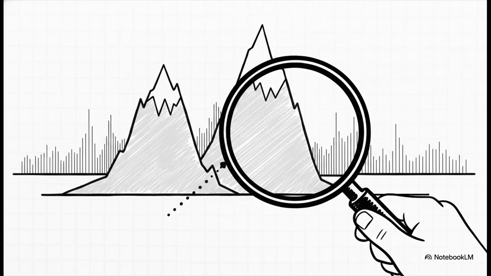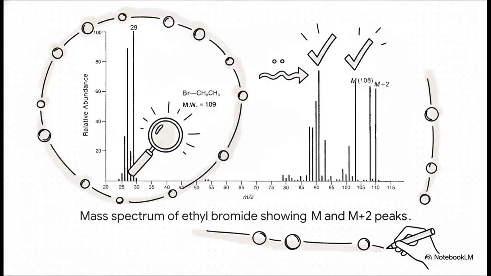Let's step into a real-world crime scene, so to speak, just to see how completely obvious this bromine signature is in a live mass spectrum. When you process a sample in the lab, the data isn't just a boring list of numbers. It forms a visual landscape that you quickly learn how to read. Check out the data for ethyl bromide. Notice those striking doublets sitting way over on the far right at masses 108 and 110?